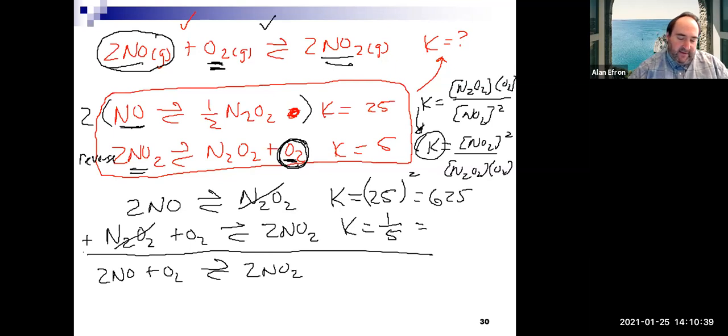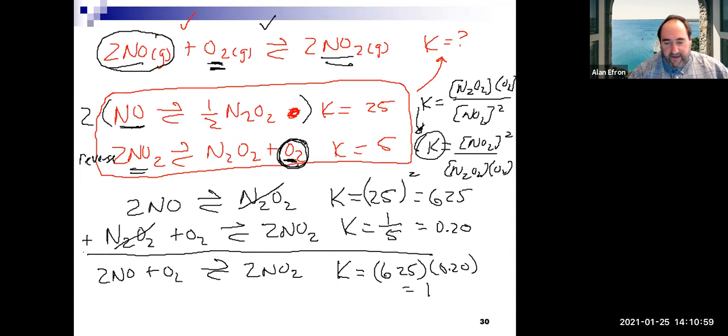And 1 divided by 5 is going to be 0.2. So to get the K value for our overall reaction, we're going to multiply those K values together. So 625 times 0.2, not add like a lot of people like to do. We're going to actually multiply them, and it ends up with something like 125 as the K value for the reaction that we're looking for. Any questions on that?